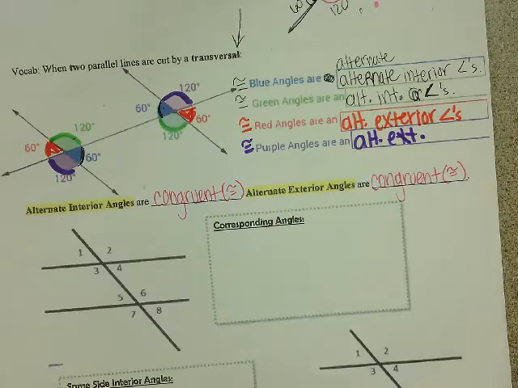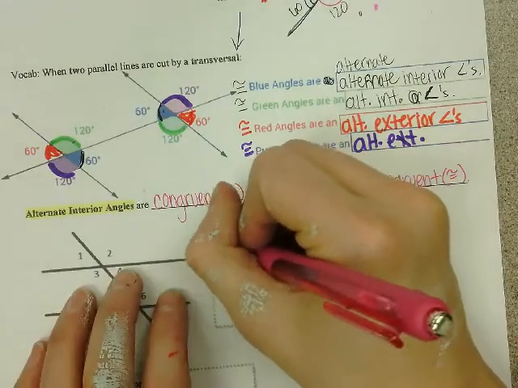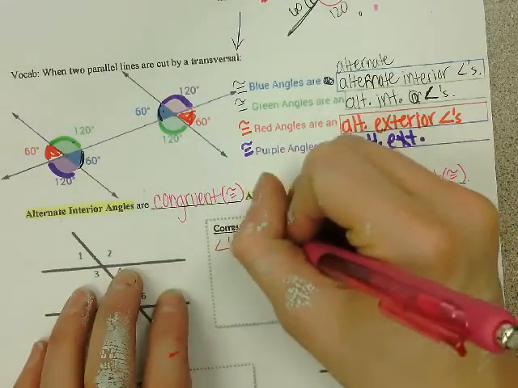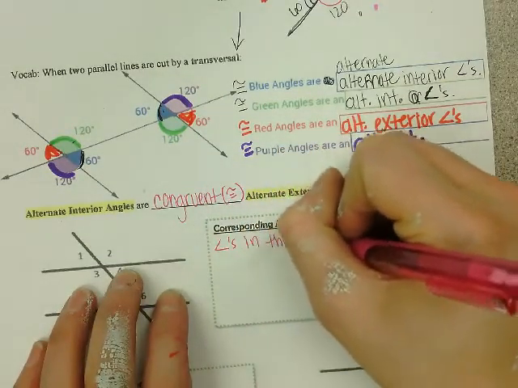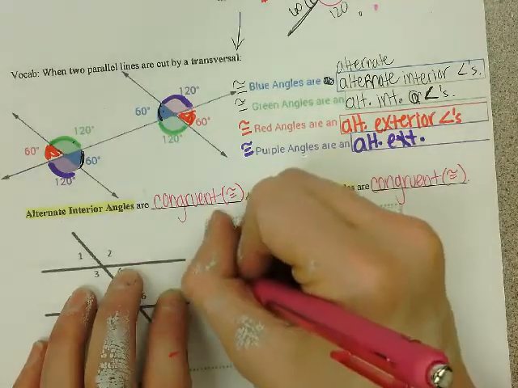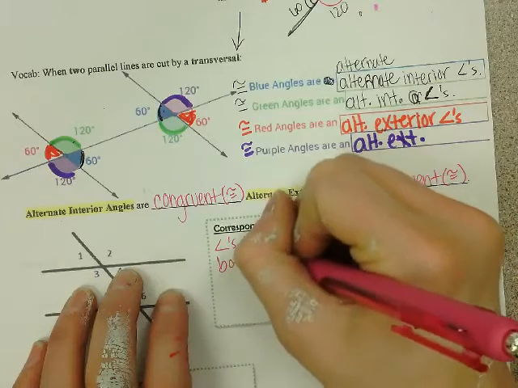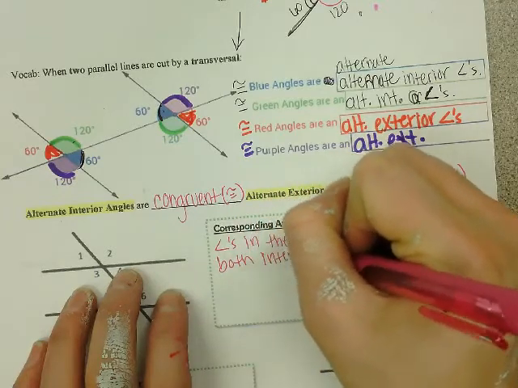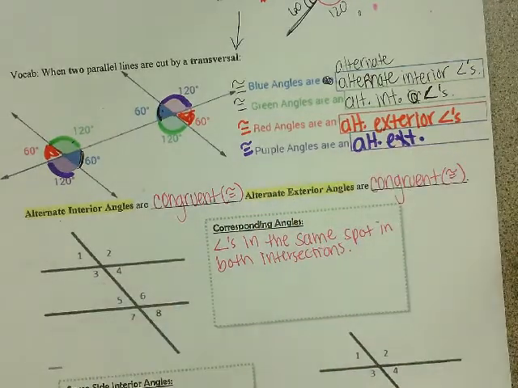All right, corresponding angles. That means they're in the same spot in both intersections. So angles in the same spot in both intersections. All right, so what does that mean?